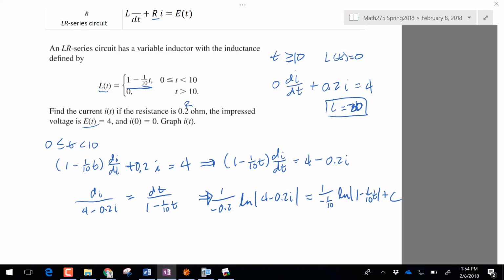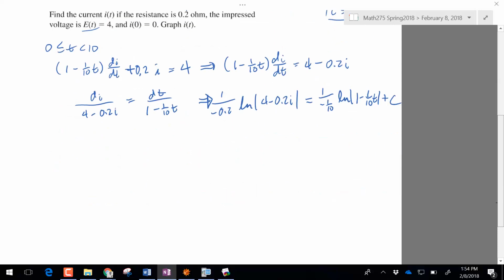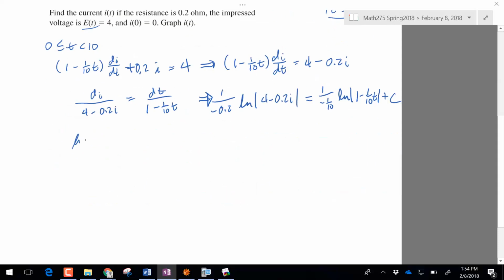Multiply by negative 0.2 maybe. The I's on the left side, so let's do an ln of 4 minus 0.2I, and then let's multiply everything by negative 0.2.